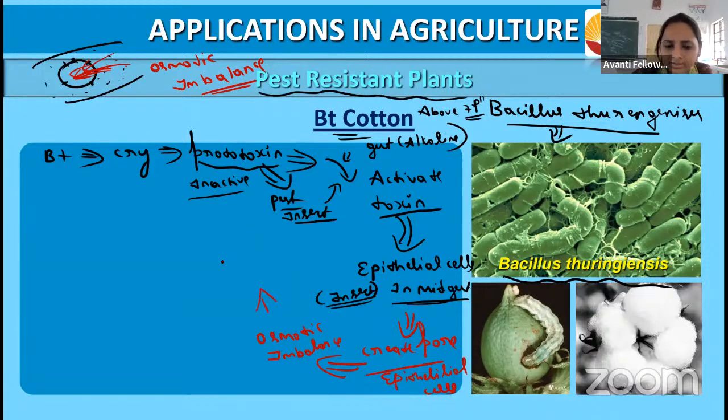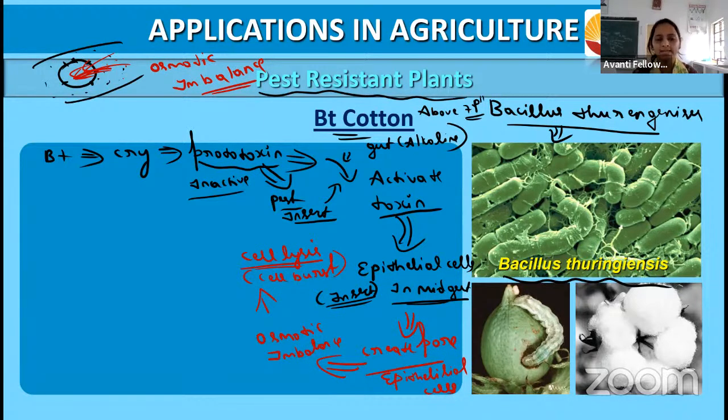After that, cell lysis, right? Cell lysis, or we can say the cell is going to burst. So this is what happens in Bt cotton, and this is the importance of the prototoxin here.